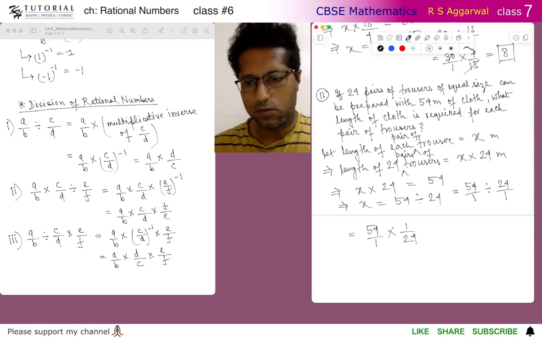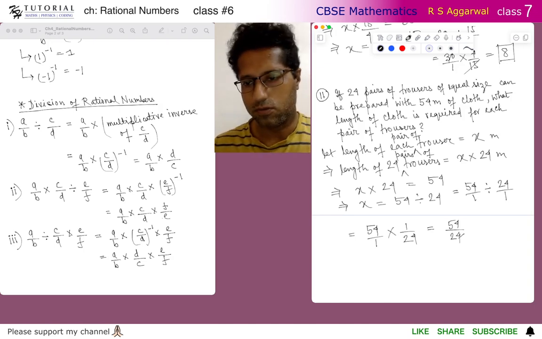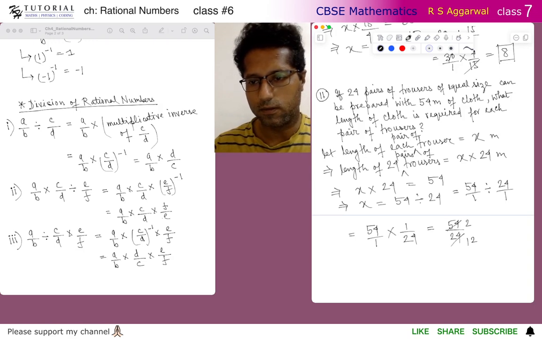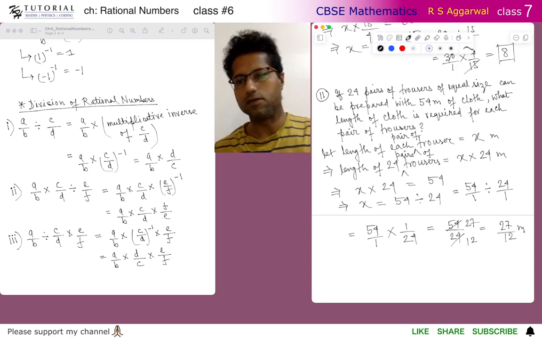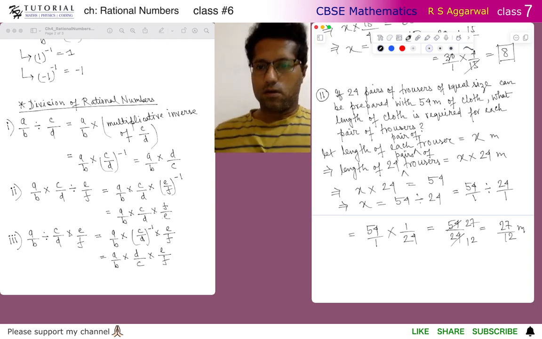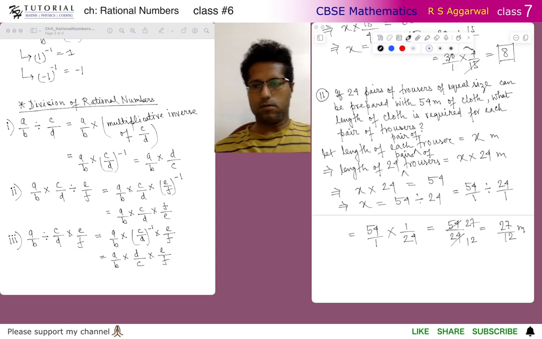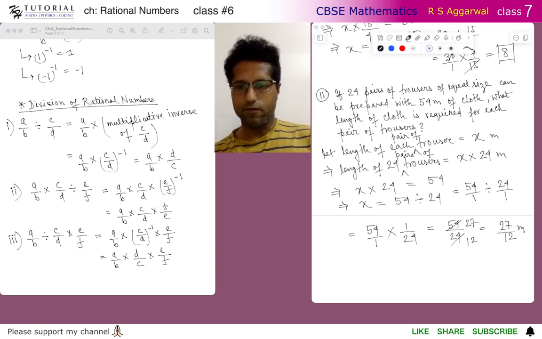So this is now 54 by 24. So this is 2, 12 and 27. So the answer is 27 by 12 meter, and you can leave it like this, 27 by 12 meter.